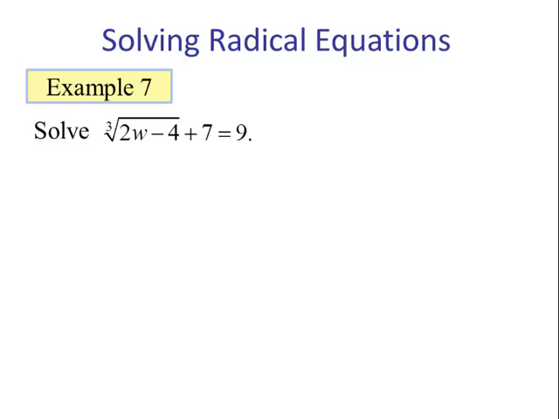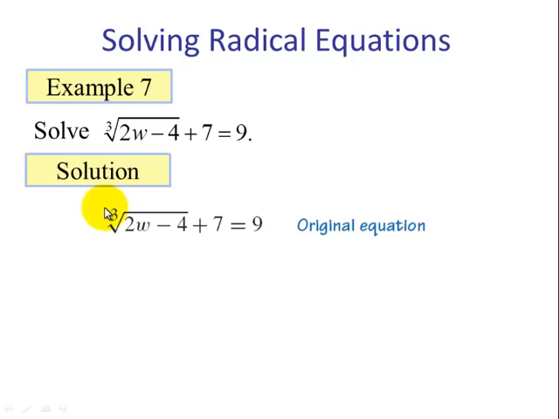Example 7. Solve the cube root of 2w minus 4 plus 7 equals 9. Solution: the index is 3, so we will want to isolate this radical and then cube it to get rid of the cube root. But before we do that, we have to subtract 7 to both sides of the equal sign.